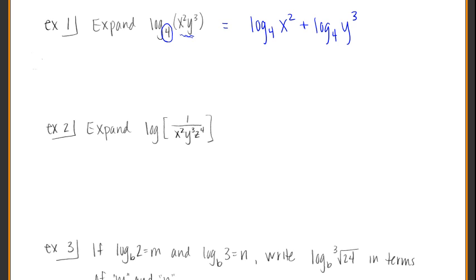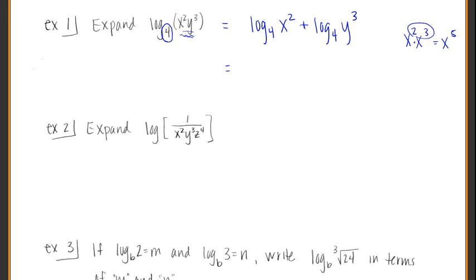Okay, and the reason this comes in is if we go back to our exponential properties, if I told you to take x squared and multiply it by x cubed, what do you do to your exponents? Well, we add them. In other words, bases that are multiplied, you add your exponents. Here, logs that are multiplied, you add them up, and that's where that's coming from. Okay?